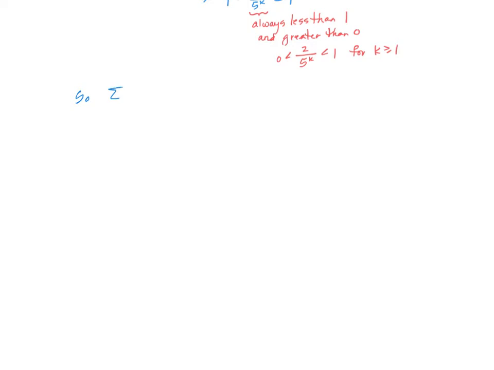The series that I was given in the beginning, from k equals 1 to infinity of 6 to the k over 5 to the k minus 2, diverges. That's my conclusion. But I have to justify it by the comparison test.